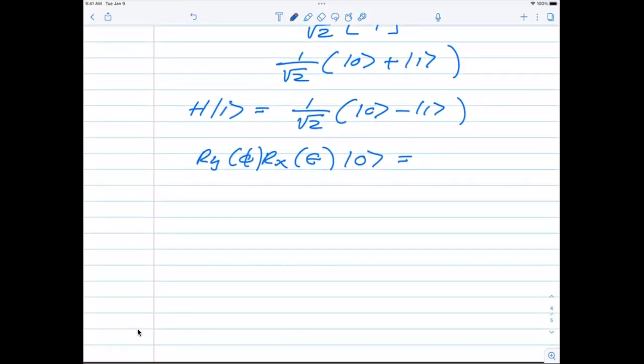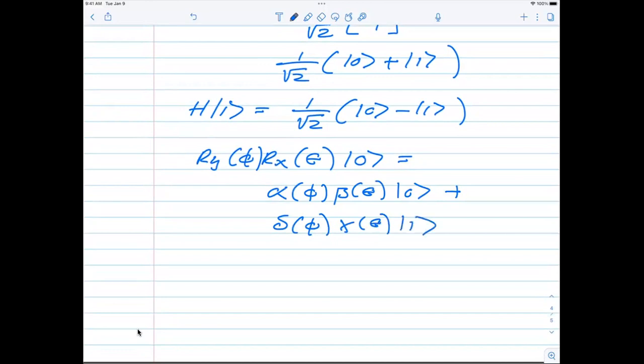I'm going to write this as a coefficient alpha, which depends on phi, and a coefficient beta, which depends on theta, multiplying 0, and then a coefficient delta, which depends on phi, multiplied with a coefficient gamma, which depends on theta, multiplying 1. These are the different cosine and sine operations, which I have left undefined.